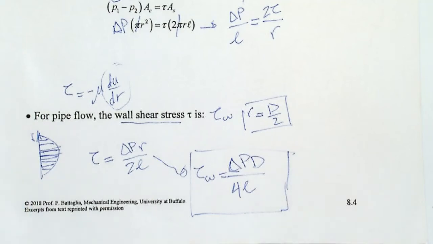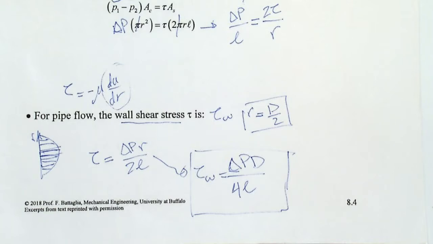So for example, if you have a flow inside the pipe and it has a velocity and it's going to be fully developed, when the flow passes over it, you need to have an external force to keep the pipe stationary. That's why you need the tau wall shear stress, right?